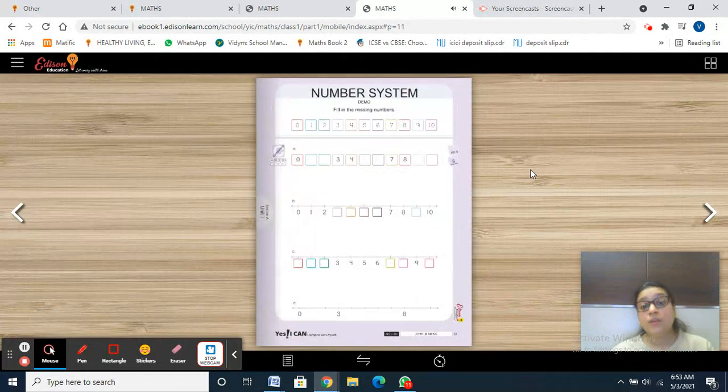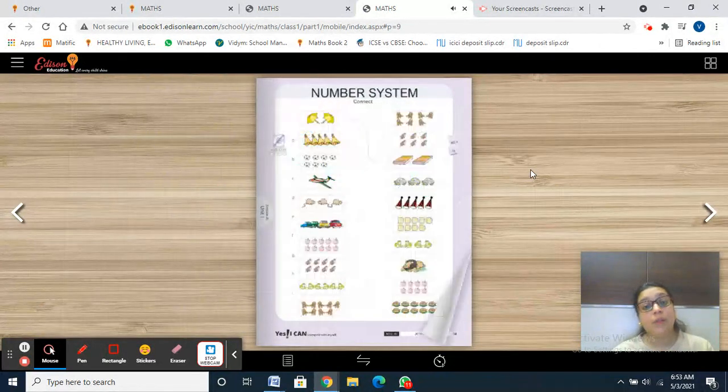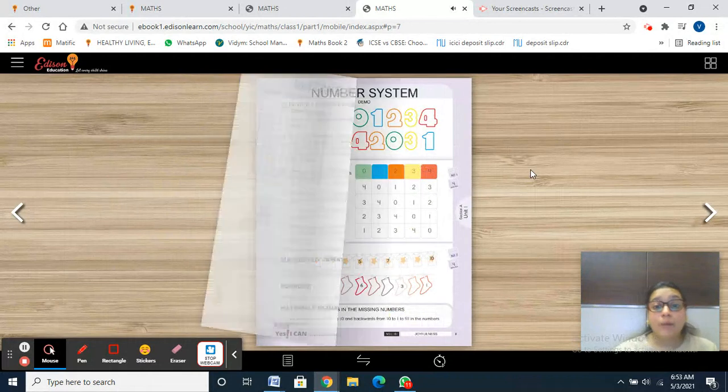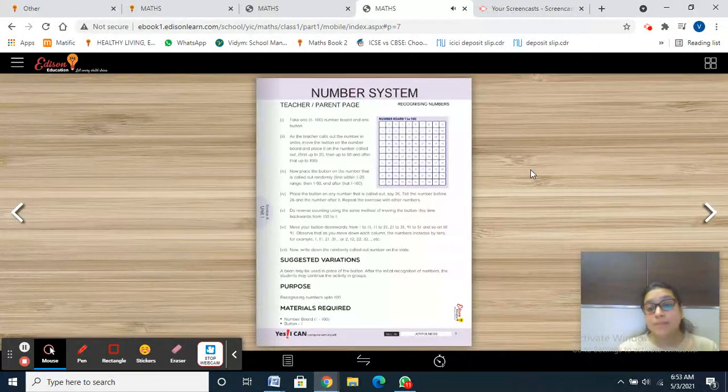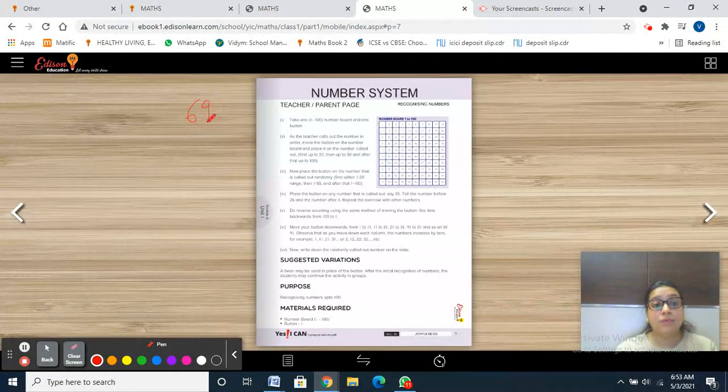So whenever we are talking about forward counting or backward counting, backward counting means we are going one step back. If I'm talking about 69 and I have to go backward counting, I will write 68, then 67, then 66.